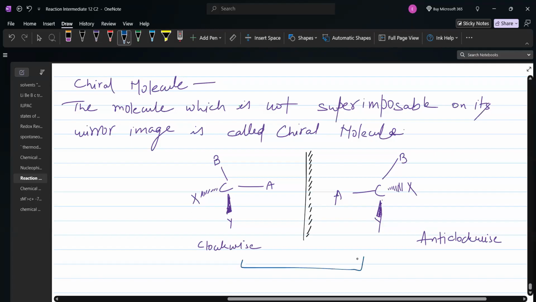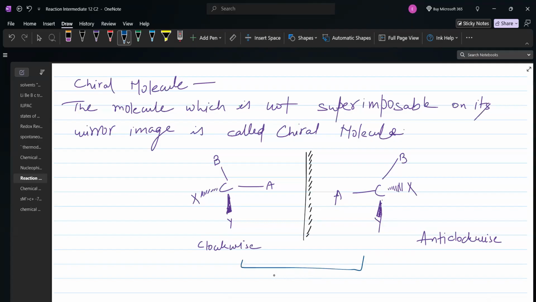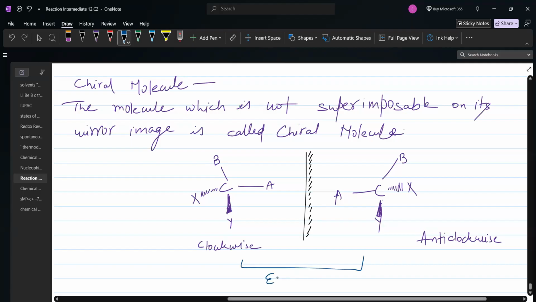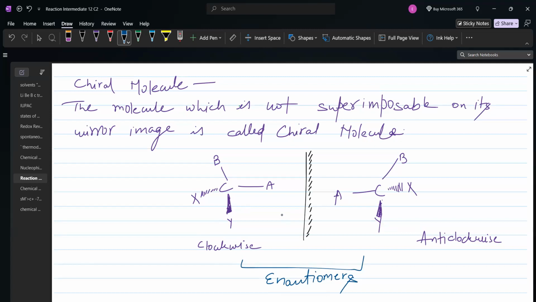So these two are optically active isomers. They are mirror images of one another, and are called enantiomers. The molecular formula is the same, the structure is also the same, but they are mirror images of each other, so they rotate the PPL in different directions.